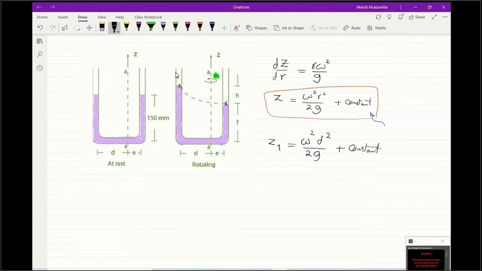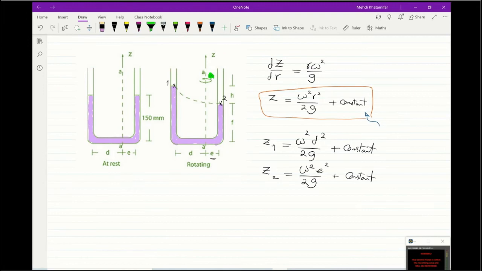Let's write for point number 2, so let's call this Z2. Same omega squared. The radius is going to be E, which is this. So E squared divided by 2g plus constant.